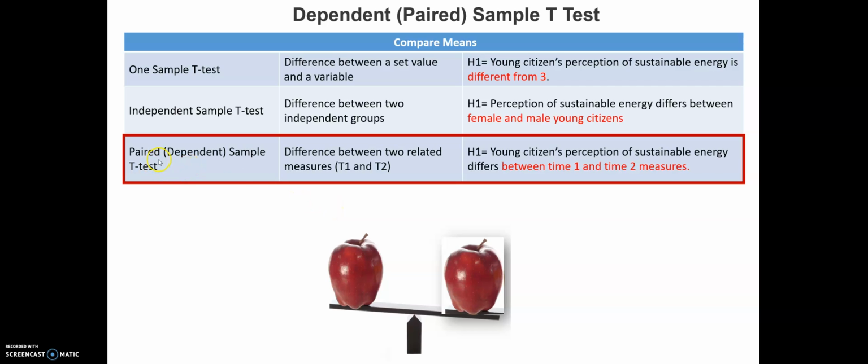We use paired or dependent sample t-test in order to test whether there is a significant difference between two related measures, time 1 and time 2.